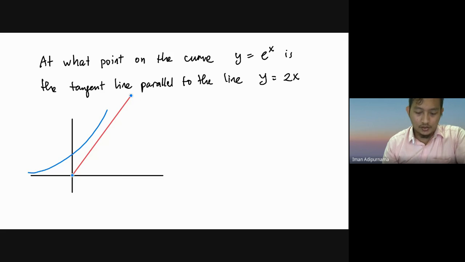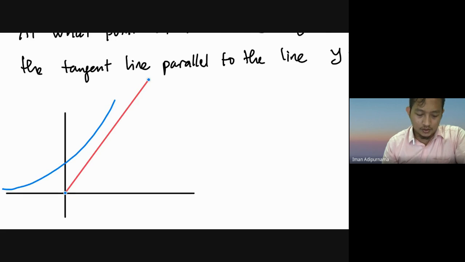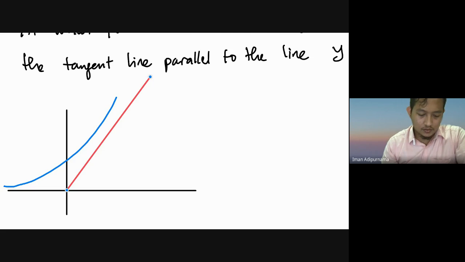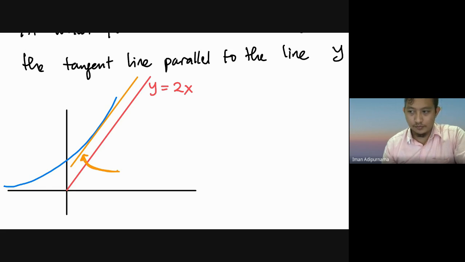We need to find a point anywhere on the curve that is parallel to y equals x. So we need to find the point. That's what you need to do.